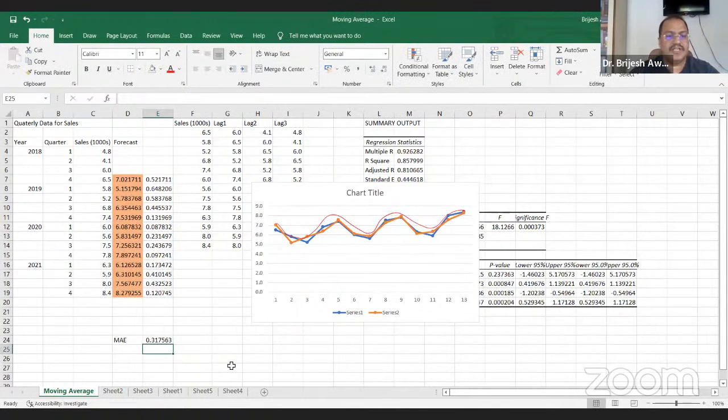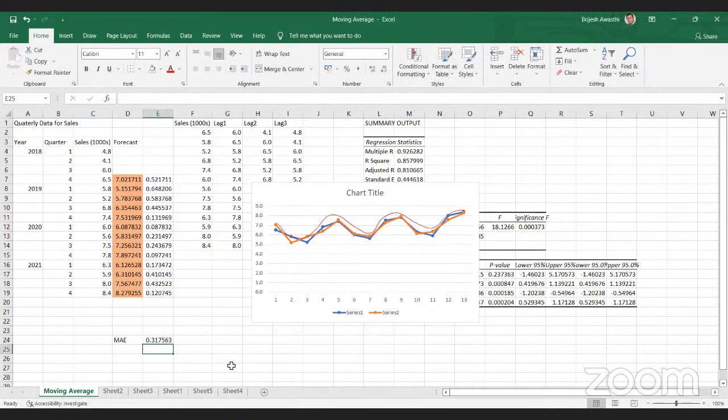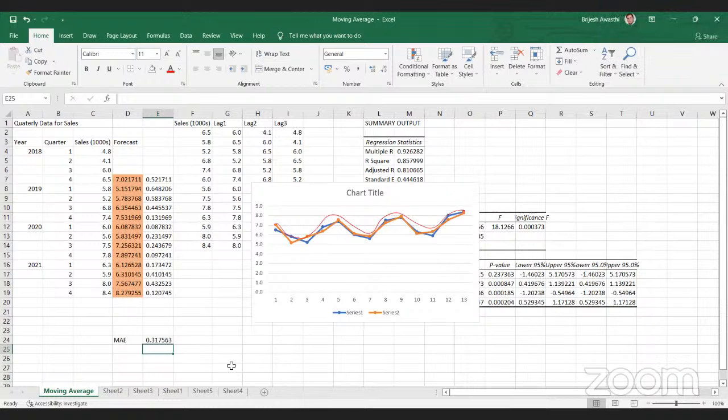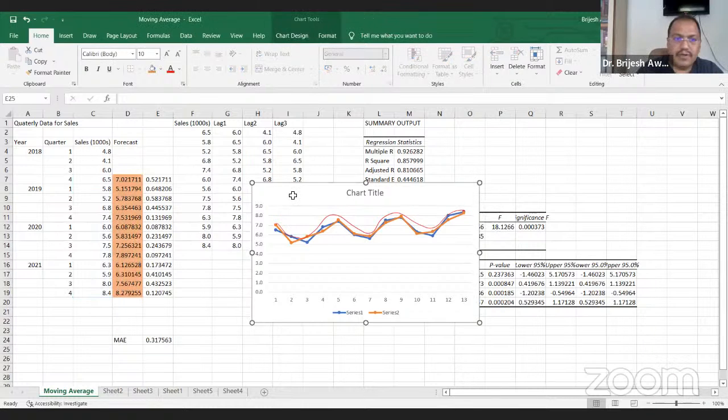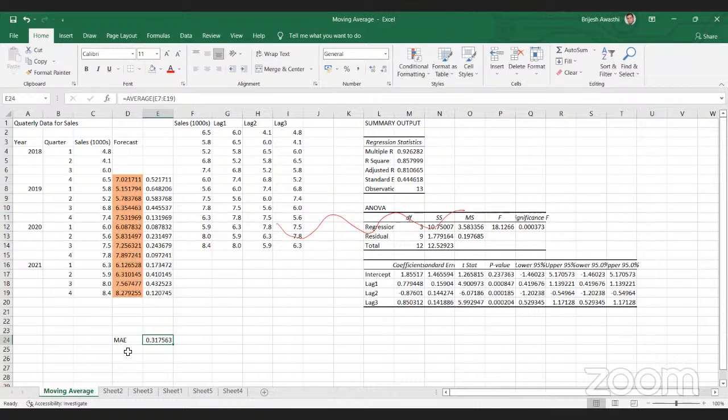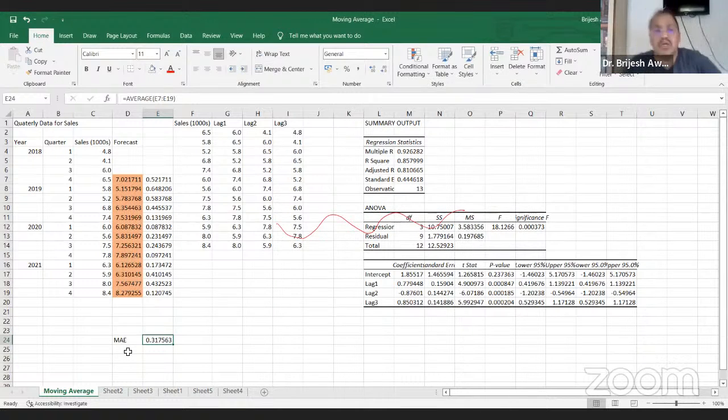What is the average? 0.31. It is a nice forecast, sir. Actually, the value of the average forecast error must be close to zero. If you remember when I was talking about regression, there is one assumption that residual must be equal to zero.